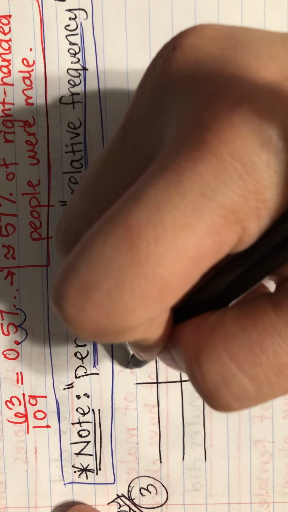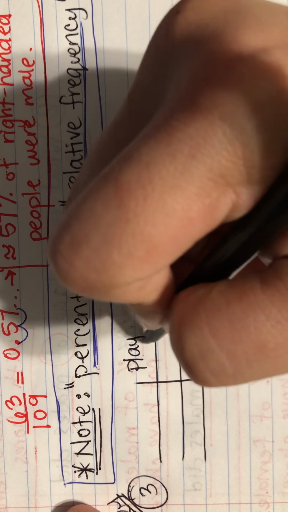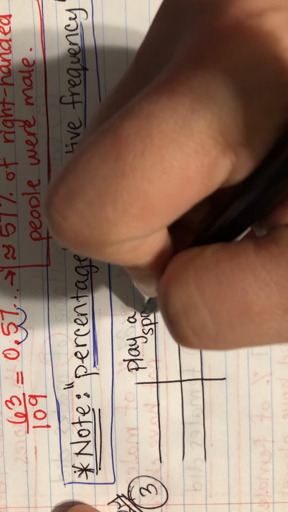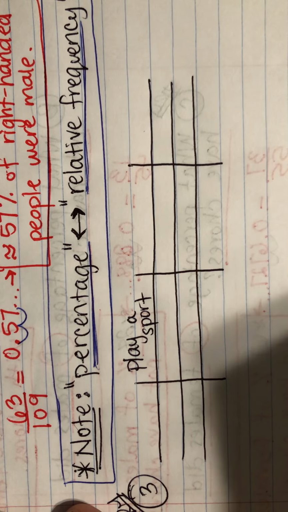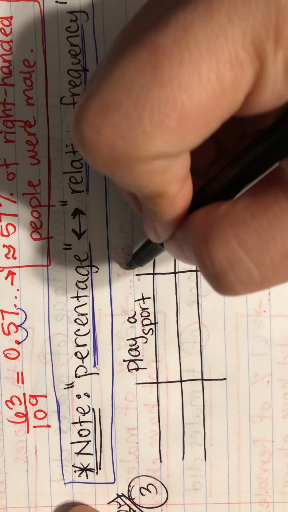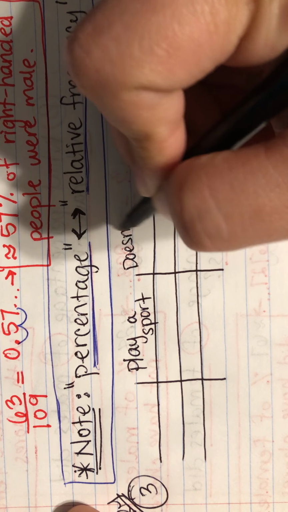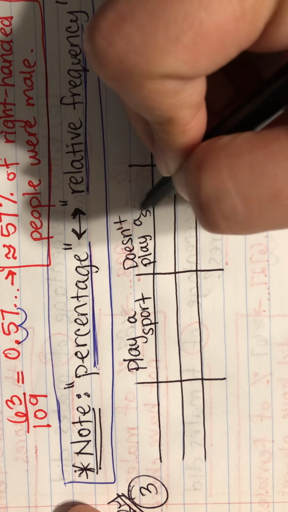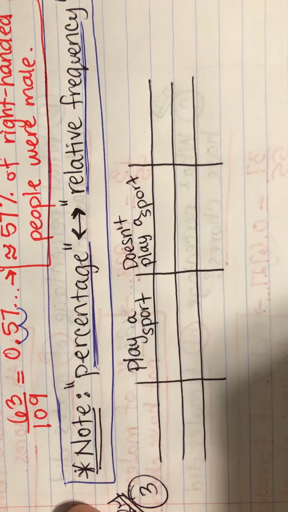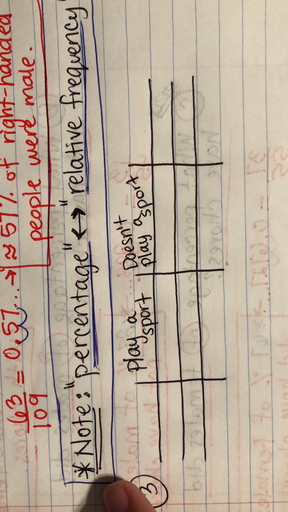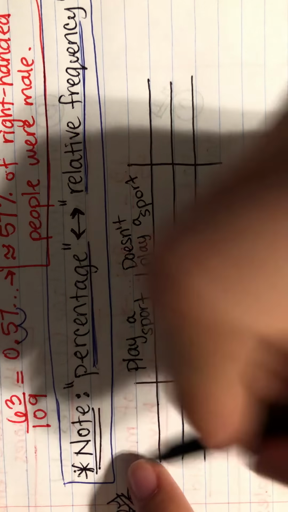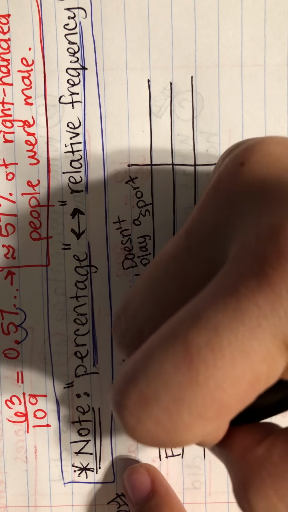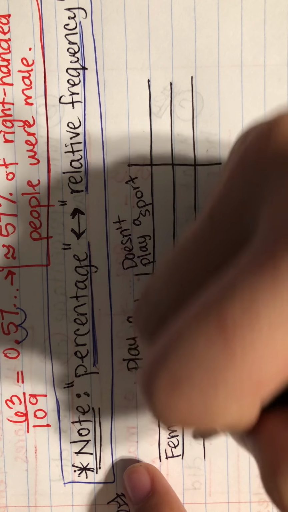So our first category is play a sport. And doesn't play a sport. Our second category is we're gonna stick with gender. So female and male.